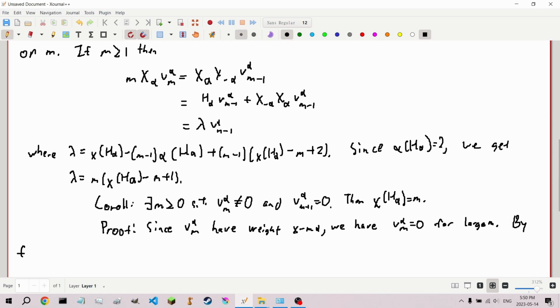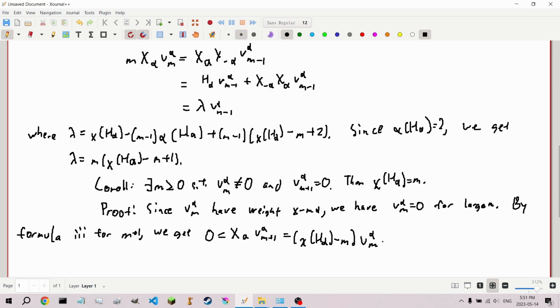By our third formula from above, for m plus 1, we get that 0 is x_alpha of V_alpha,m+1 as above, which is (chi of h_alpha minus m) times V_alpha,m. Since V_alpha,m is non-zero, this gives that chi of h_alpha is equal to m.